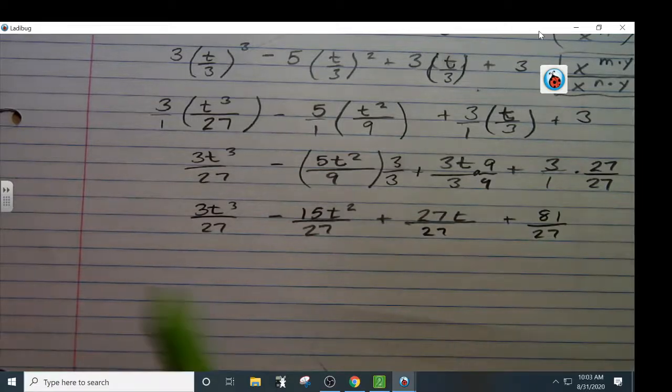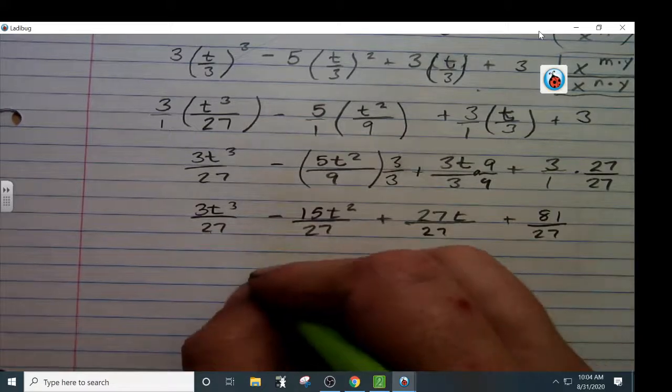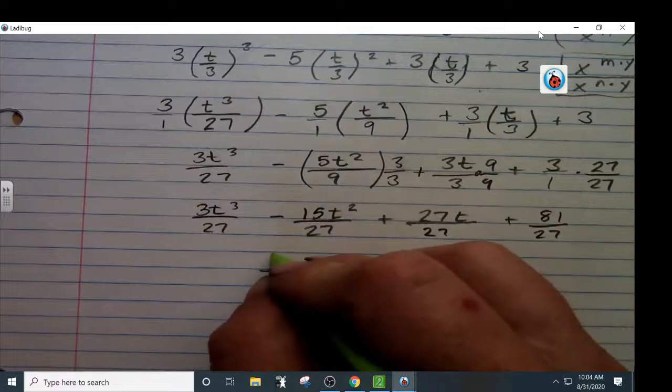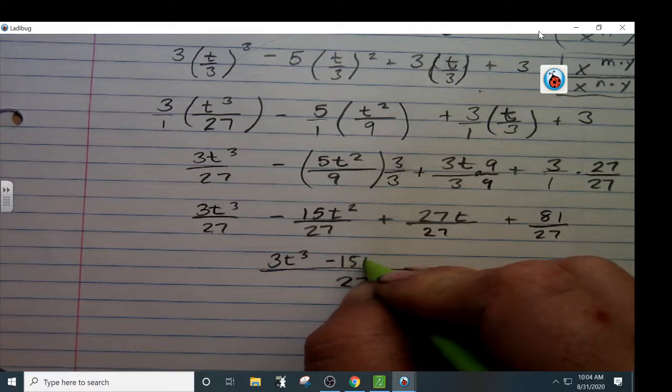Now, guys, notice since all these are the same denominator, I can write them as one single fraction. So what that will look like is this. You'll have a single denominator on the bottom, and then you'll put your terms up here, because you can't combine those because they're not like terms.